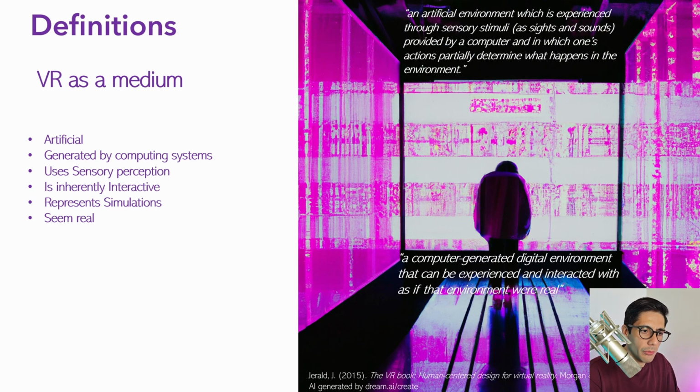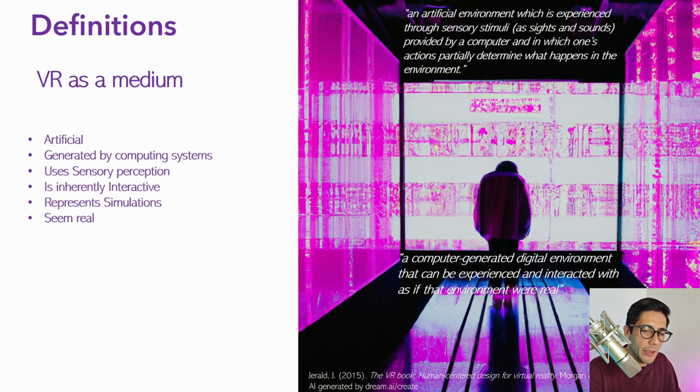So here I put two definitions. One is: an artificial environment which is experienced through sensory stimuli, such as sight and sound, provided by a computer, and in which one's actions partially determine what happens in the environment. So this is a definition that involves interaction, right? Another definition says: a computer-generated digital environment that can be experienced and interacted with as if the environment were real.